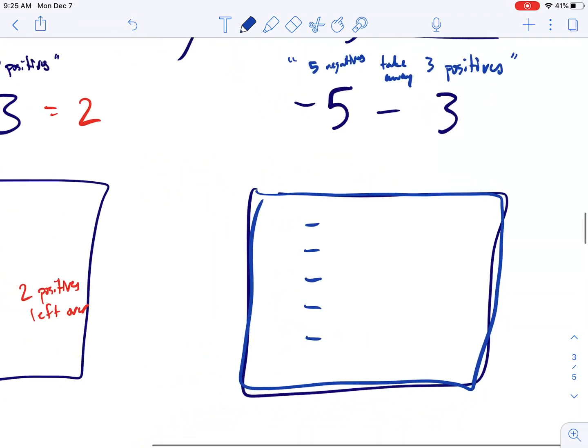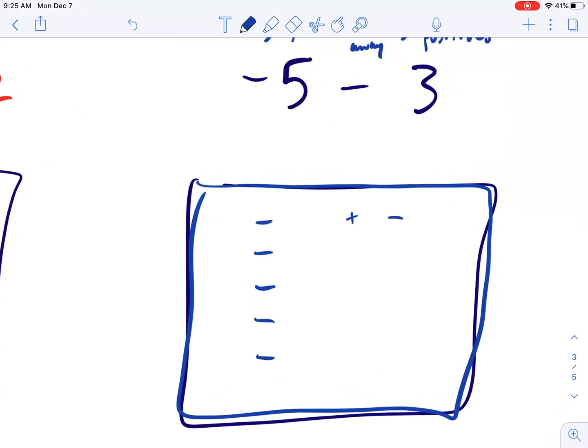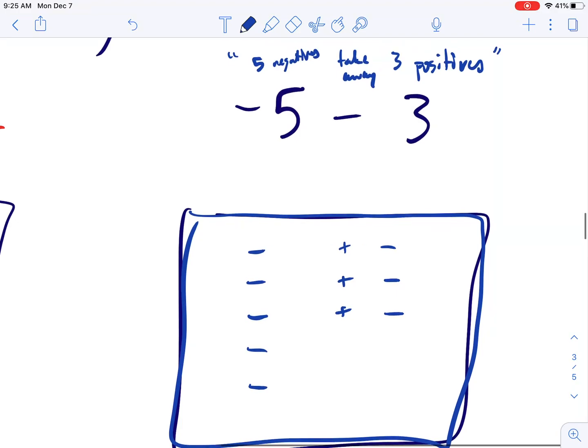So I always ask my students, okay, what number has no value? And that answer is 0. So we're going to add 0 pairs. So remember, 0 pairs are a plus and a minus. So I'm going to add 3 of them. You notice that we have negative 1, negative 2, negative 3, negative 4, negative 5, and plus 0, 0, and 0. So the value hasn't changed. This number is still negative 5. But we've added in 0 pairs, so we have enough positives to take away.